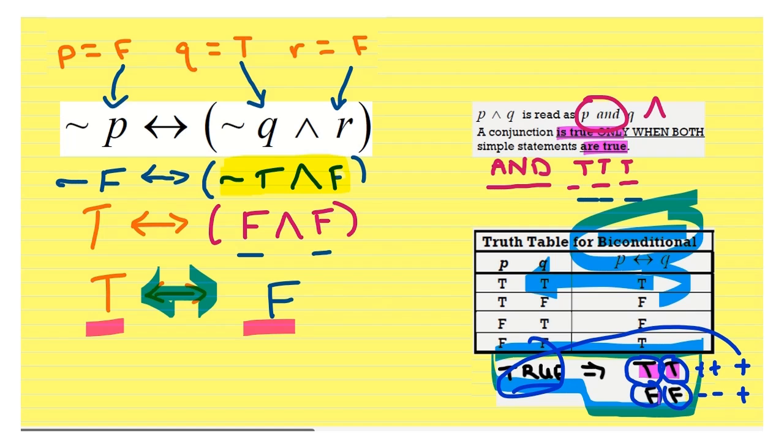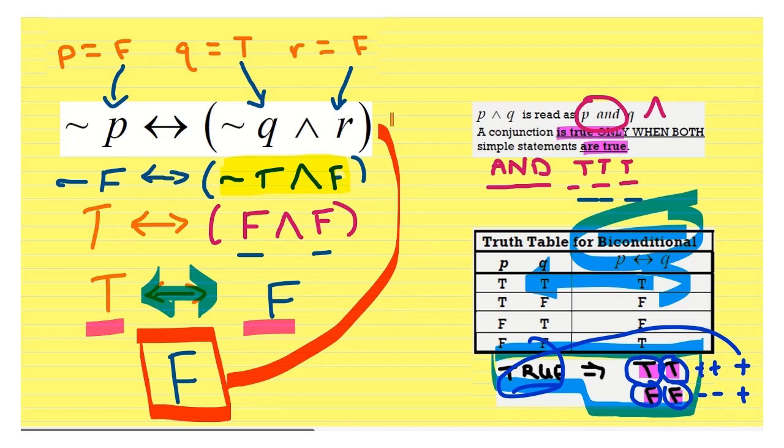I do not have a true and true. I do not have a false and false. They are opposite. Therefore, the final truth value will be false. So false is the truth value of the statement that we started with up here. And hopefully that helps you think through that process when you're dealing with biconditionals.